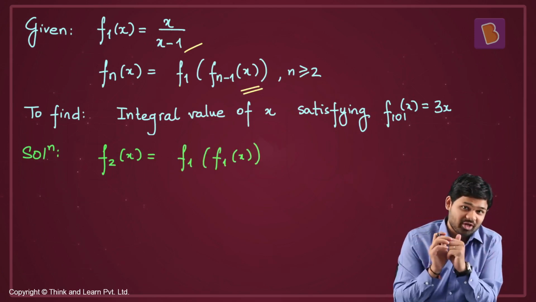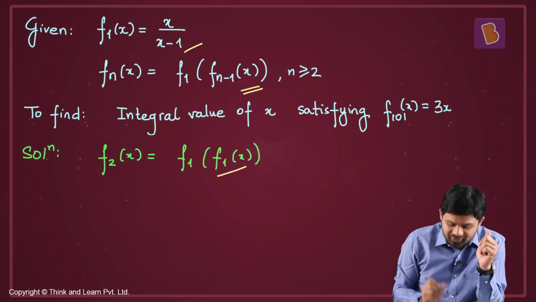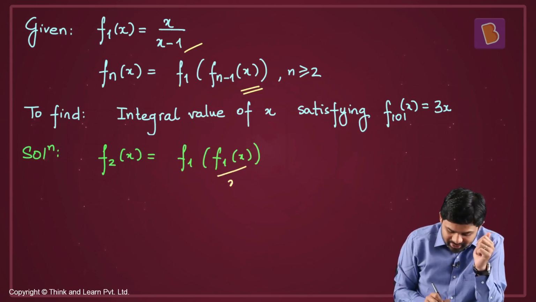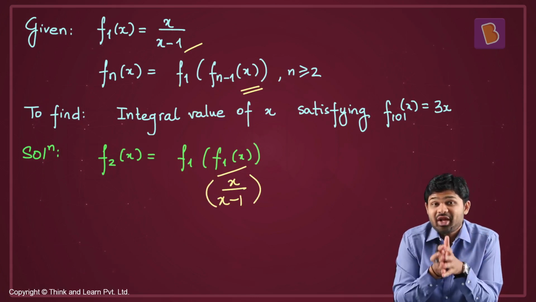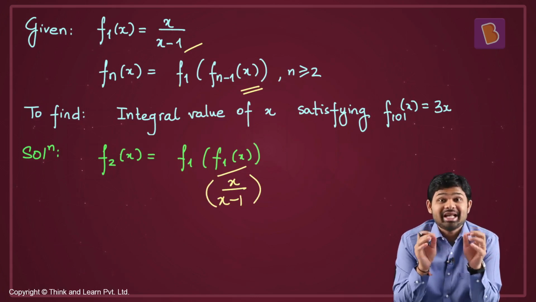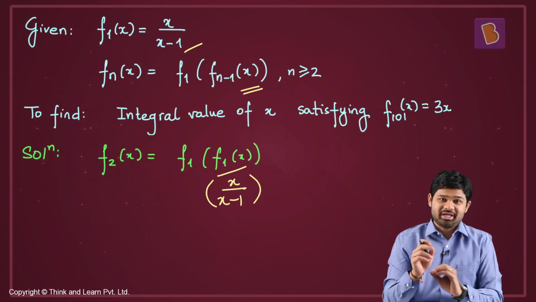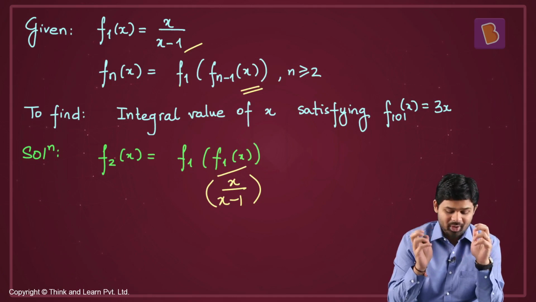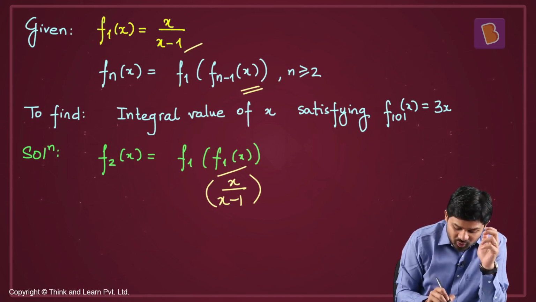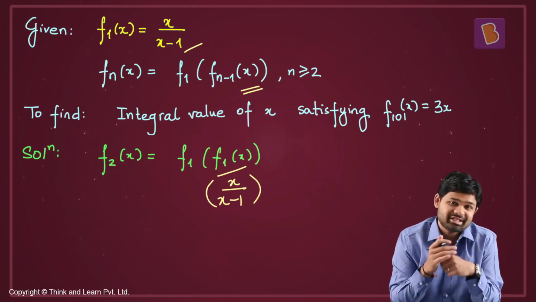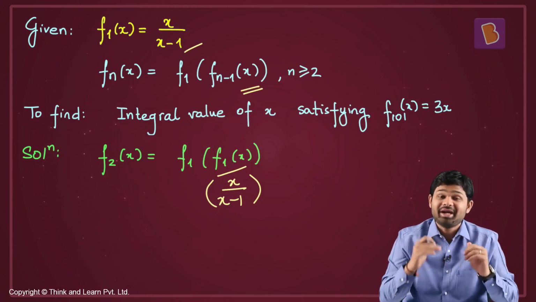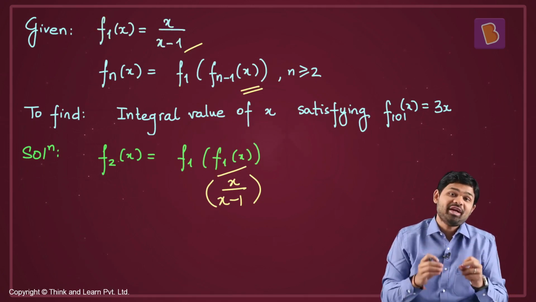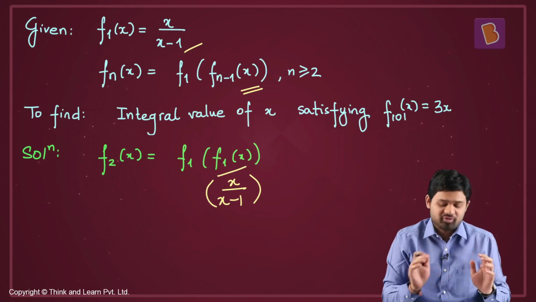So f1 of f1 of x. So now I know what is f1 of x, right? f1 of x is nothing but x divided by x minus 1. So the argument for the f1 which is outside is now not x but x by x minus 1. So wherever there is an x, you're going to replace it by x by x minus 1. So in this expression for f1 of x, you're going to replace x by x divided by x minus 1, and then find out what is f1 of f1 of x.